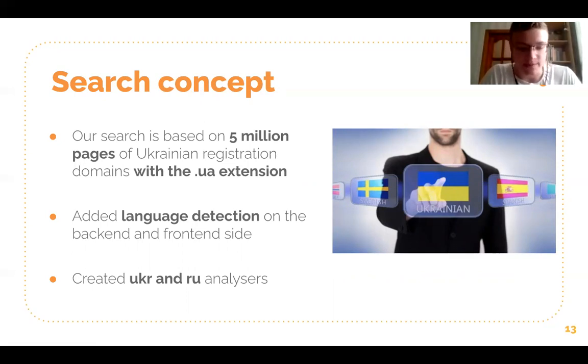For such a search in the database, we use a function such as full text search. But for this, we also should set up special analyzers for specific languages. In general, analyzers are special settings for a language to tell our database how it should make this full text search for this specific language. Next slide.